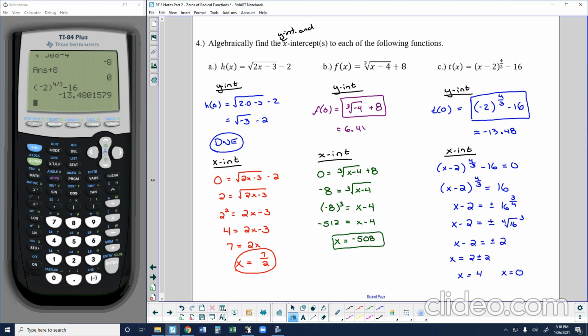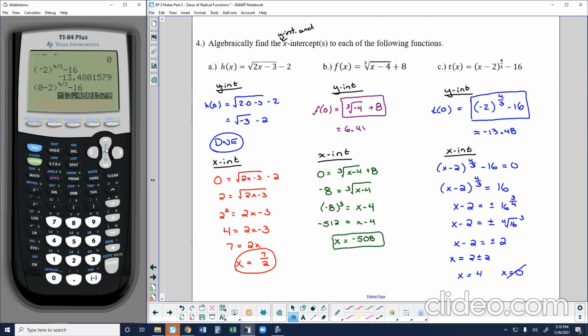Now, in the solving process, let's check for extraneous solutions. Be careful. So if I have 0 minus 2 to the 4/3 power minus 16, which was my original expression, I'm going to come up with a negative 13.48, which is not 0, so x equals 0 is not going to be a solution.